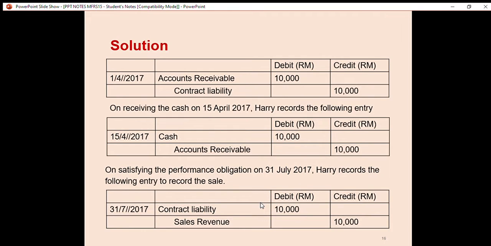This is to offset the contract liability recorded on 1st April. Since the company has already transferred the goods to the customer, there's no more liability, so we have to offset the contract liability by debiting it. Debit contract liability 10,000 and credit sales revenue 10,000. So this is when the seller can recognize the revenue.